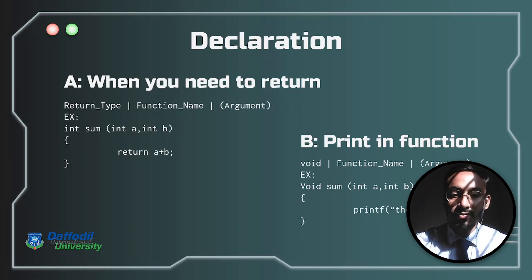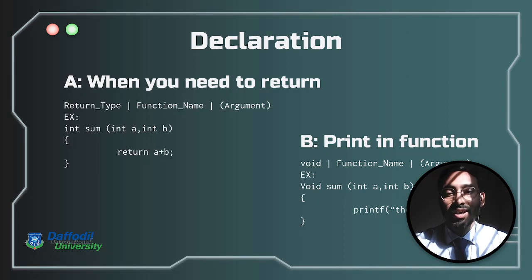Example, which is void and then function name is sum and arguments are integer a, integer b, and under the function body printf, the sum is a plus b. So it is a basic declaration figure. It can change with your needs.